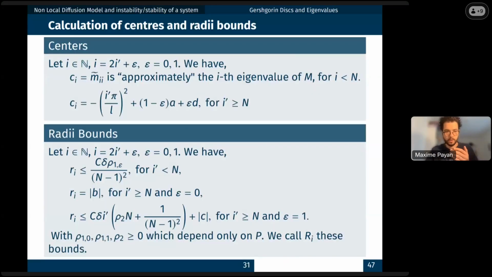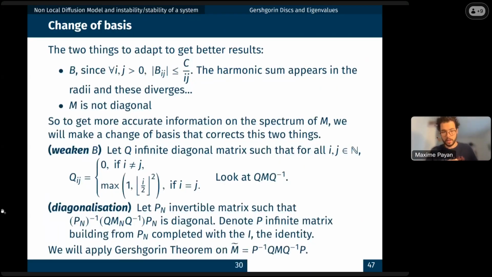The row sums depend on this change of basis P, but they are completely finite and do not depend on N. So this change of basis is not very important. You can apply it directly on Q and Q minus one, and you already have something interesting to localize the spectrum.